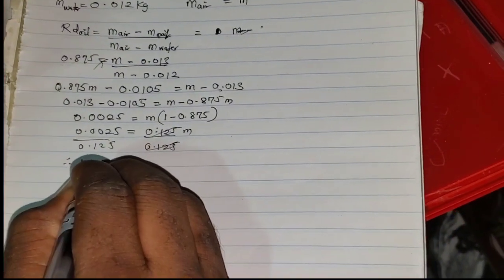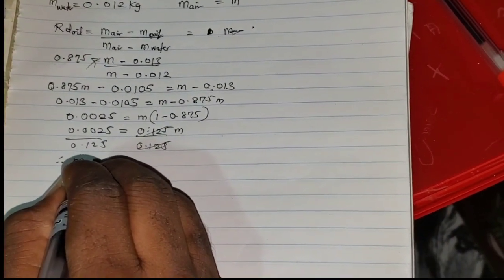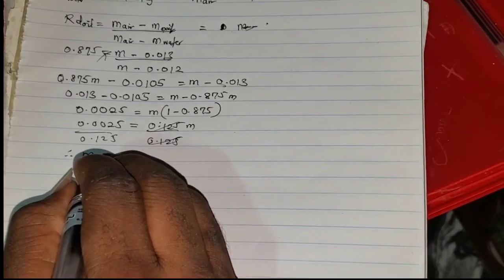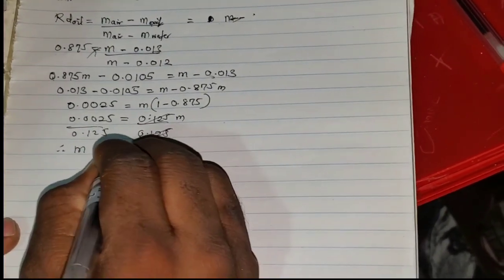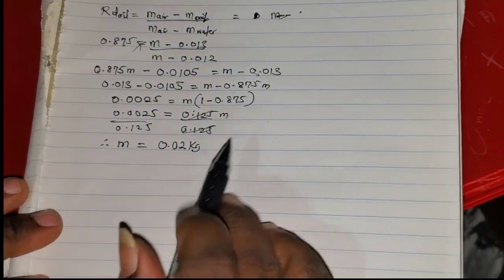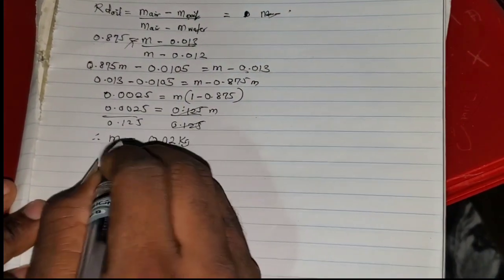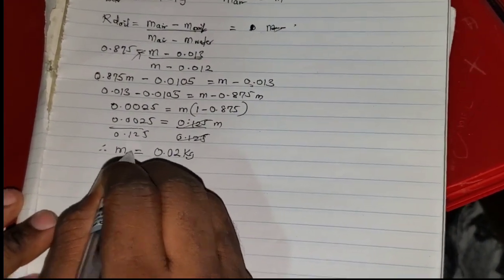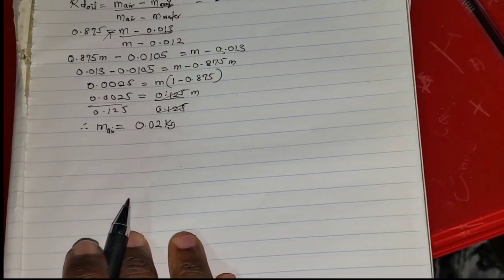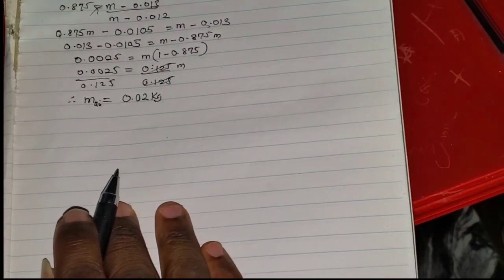Therefore M equals 0.0025 divided by 0.125, and that is 0.02 kg. That means the mass of the body in air equals 0.02 kg.